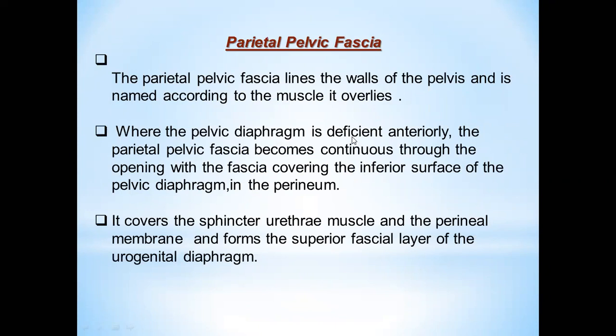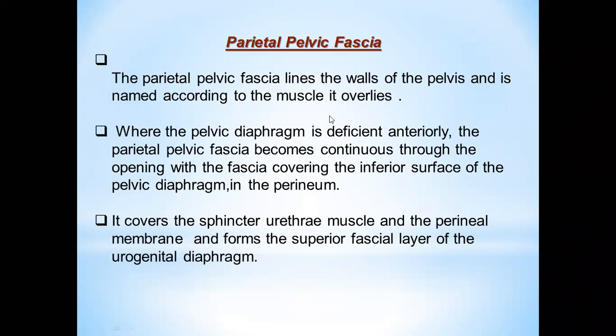Where the pelvic diaphragm is deficient anteriorly, the parietal pelvic fascia becomes continuous through the opening with the fascia covering the inferior surface of the pelvic diaphragm in the perineum. I will tell you in the next few slides where the parietal pelvic fascia is deficient and where it becomes continuous downwards into the perineum.